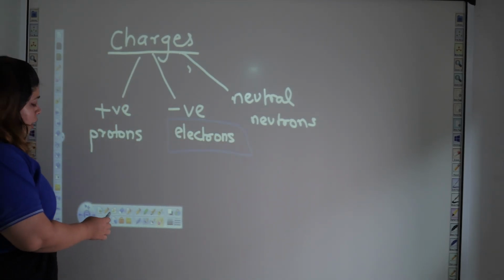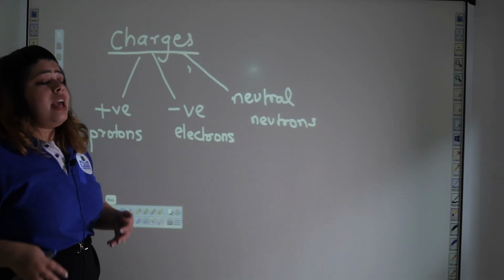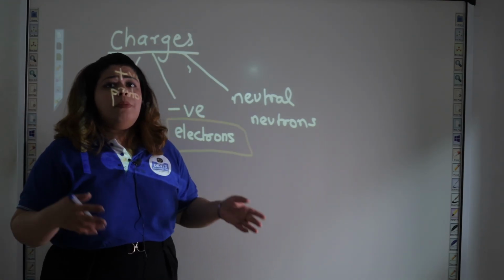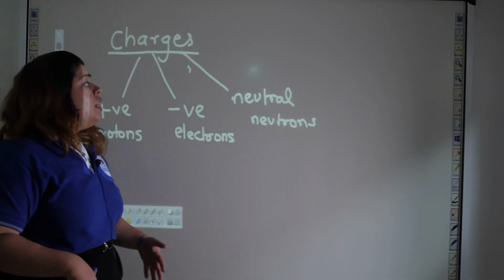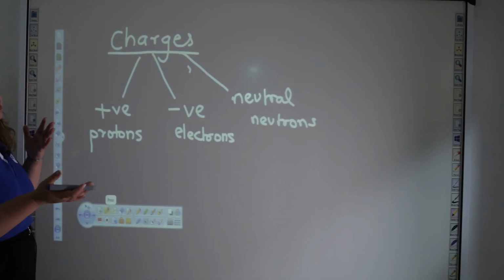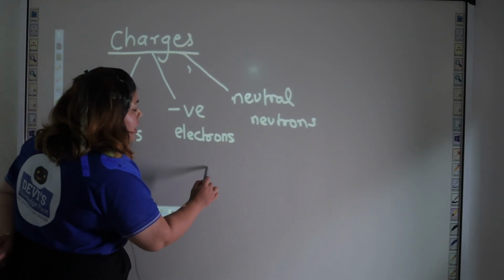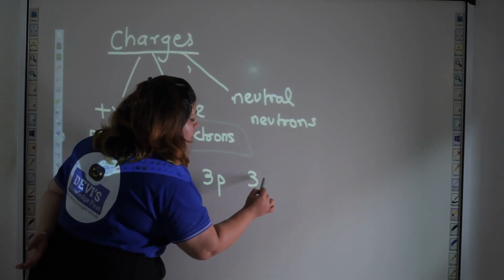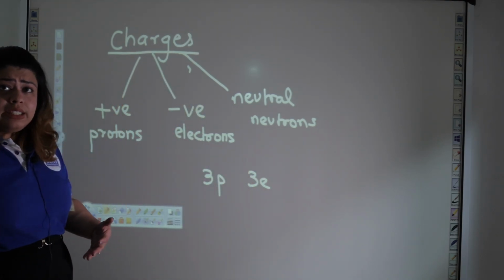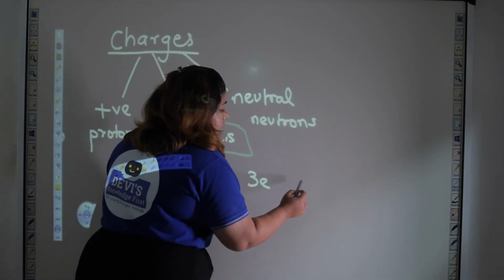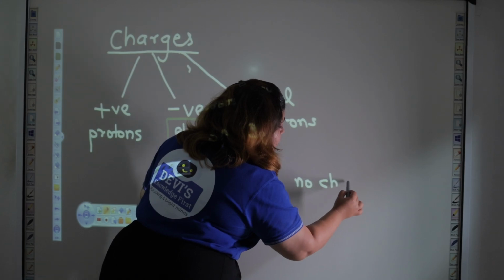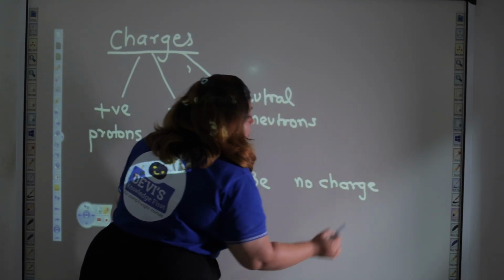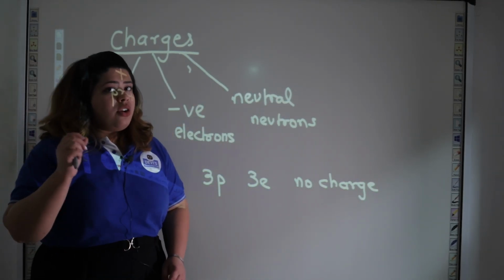So how do we know a particular element or atom gets a positive charge or negative charge? It depends on the ratio. For example, if I have 3 protons and 3 electrons, that means it is balanced, so this has no charge. But only electrons are going to flow.